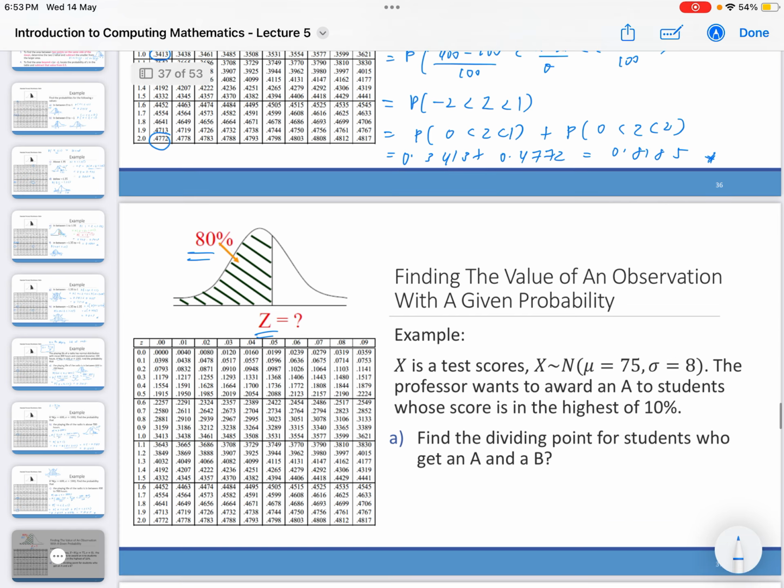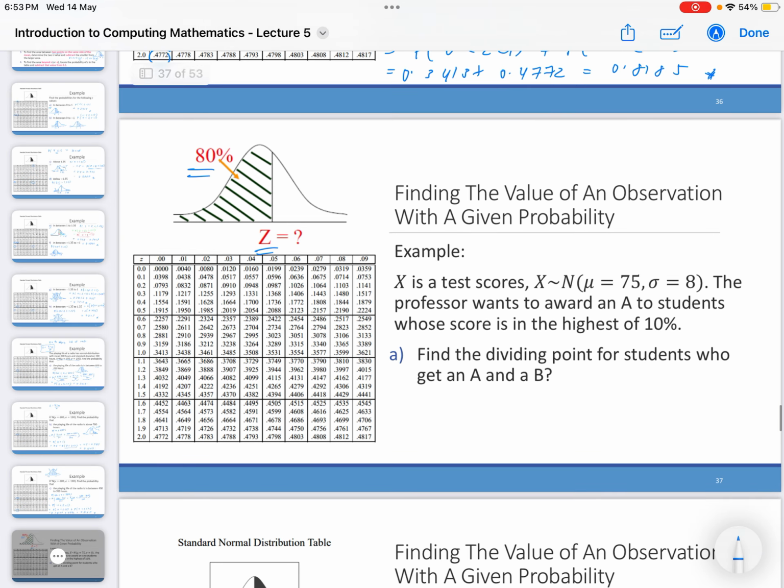Okay, let's look at an example. X is a test score, and X is normally distributed with mean 75 and standard deviation 8. So the professor wants to award an A to students whose score is in the highest 10%. For this one, we can draw the bell-shaped curve.